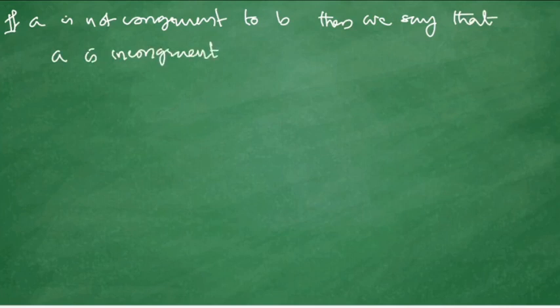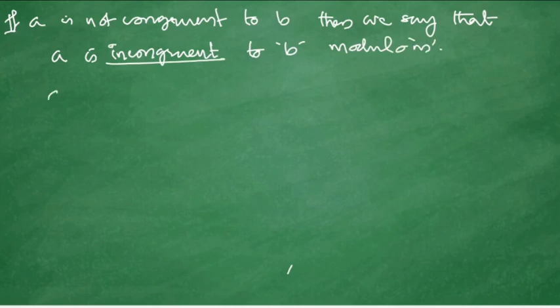Symbolically, we write this as a ≢ b (mod m).